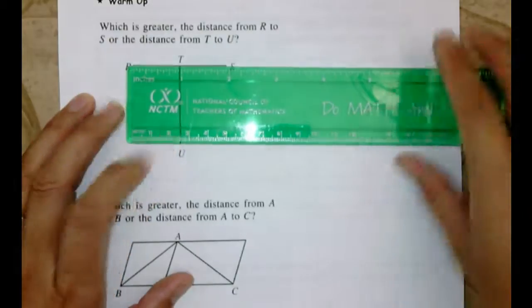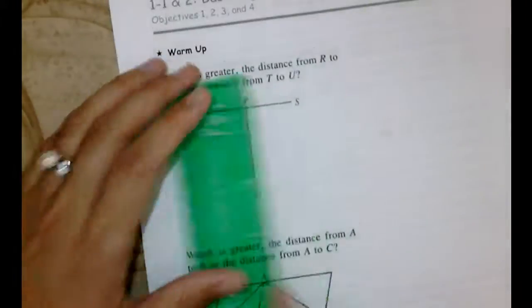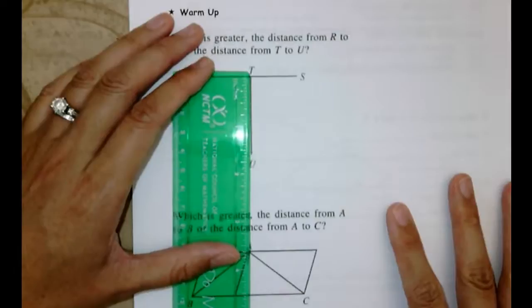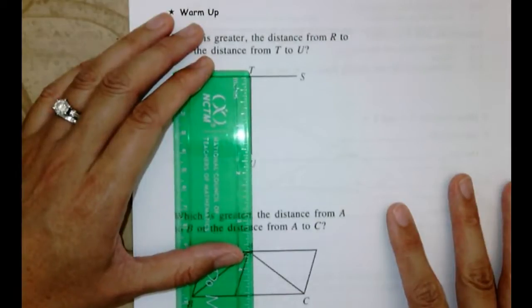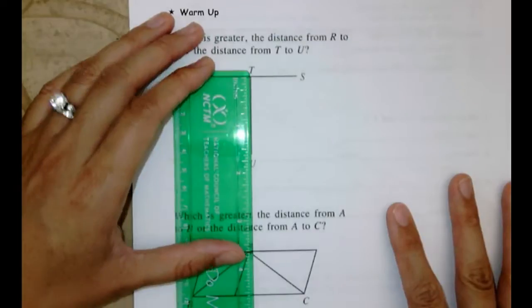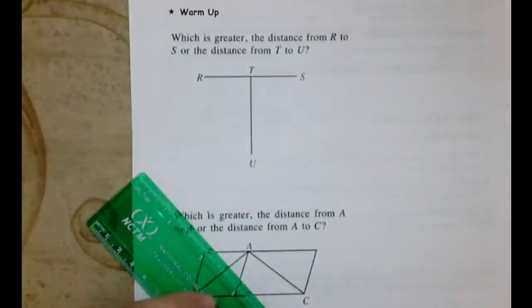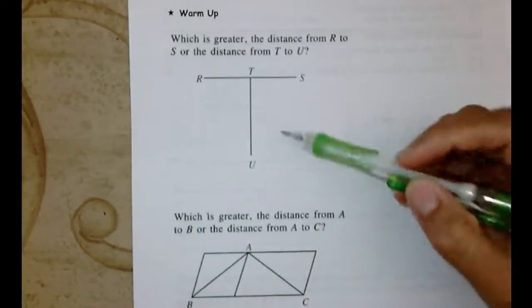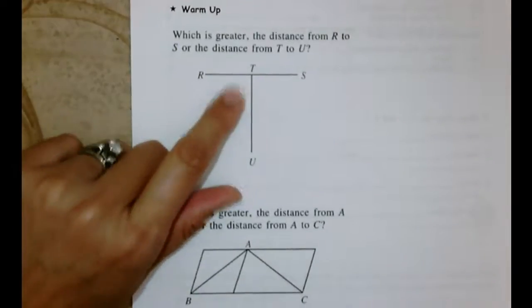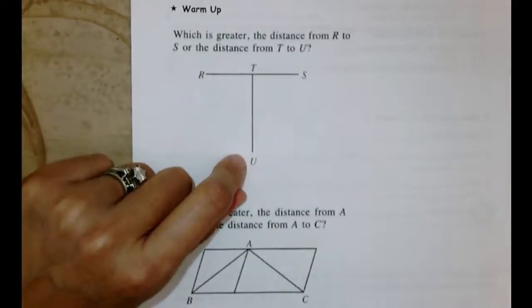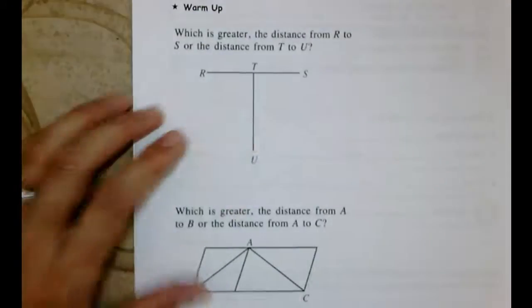I don't know if you can see, but you should try this with your ruler. And TU is 1/8 shorter than 2 inches. So that means RS is actually longer. Even though visually it looks like TU is longer, it's actually RS that is longer.